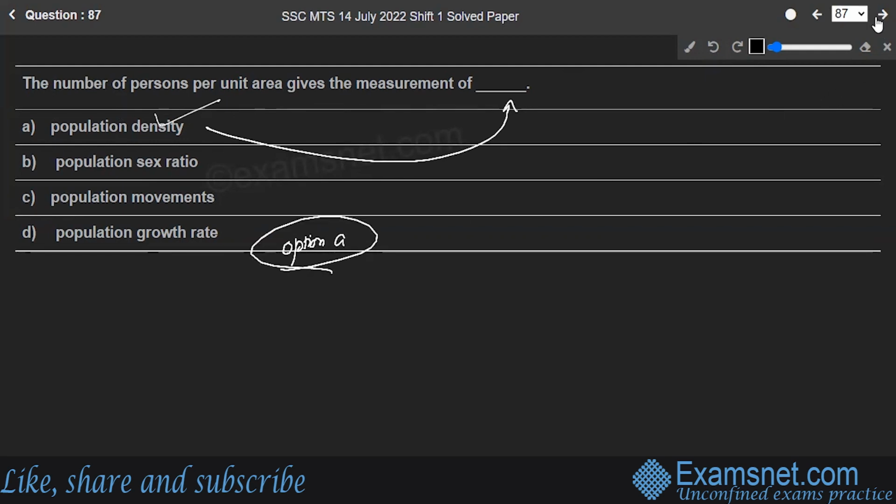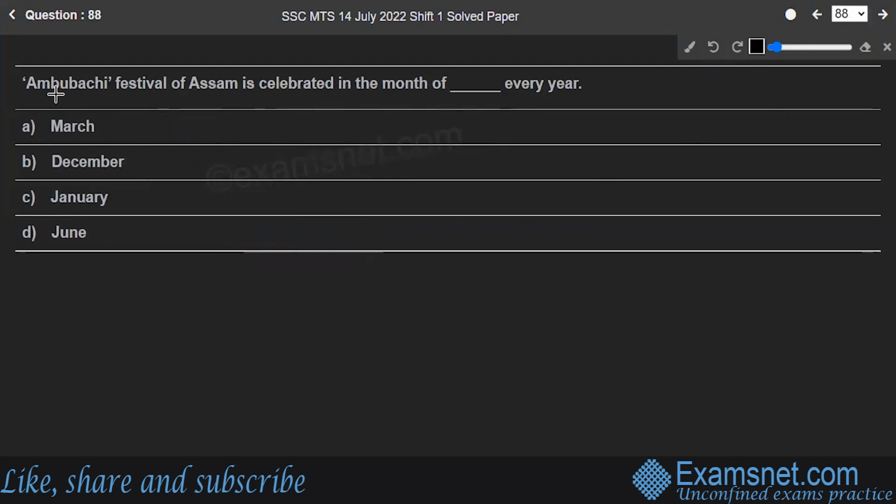Let's move to the next question, number 88. Ambubachi festival of Assam is celebrated in the month of dash every year: March, December, January, or June. It is celebrated in the month of June. Ambubachi Mela is considered one of the most important congregations in eastern India.